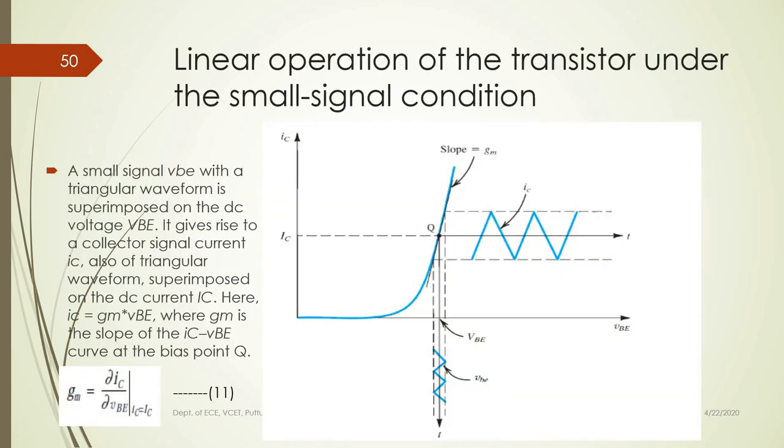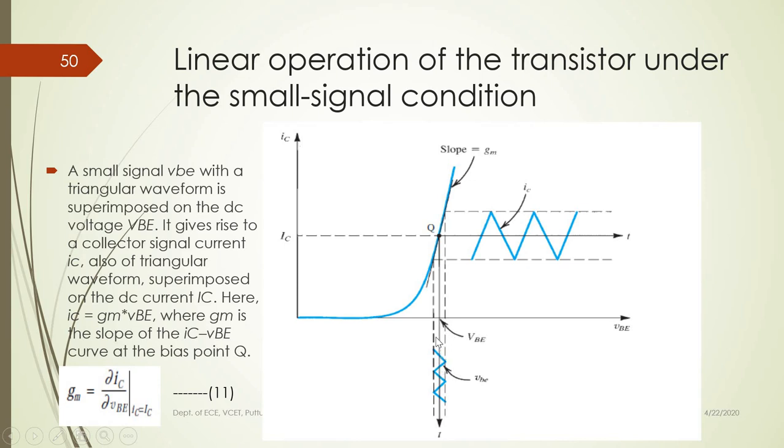Next we need to know this, which is nothing but the graphical analysis of small signal condition, the linear operation of the transistor under the small signal condition. The small signal vbe, which is given here as a very small triangular waveform, will be superimposed on your DC component, that is capital VBE.